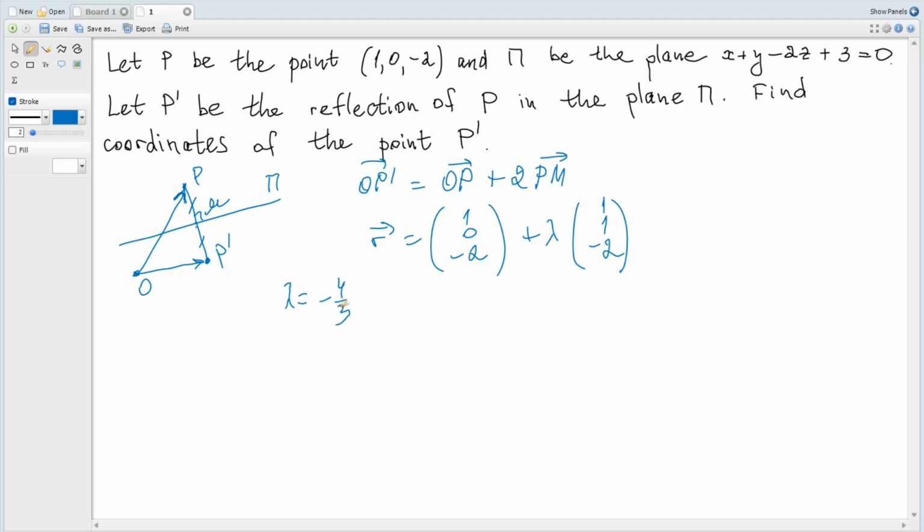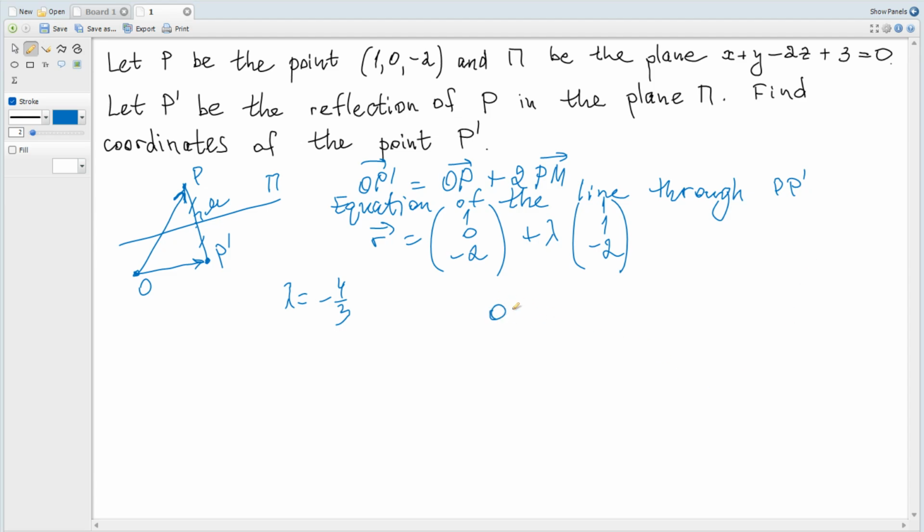And substituting negative 4 over 3 for lambda into this equation of the line, the position vector of point M can be found. Let's write the equation of the line through PP prime.